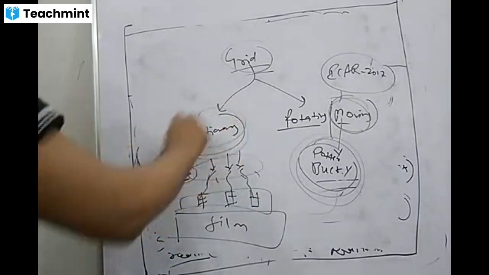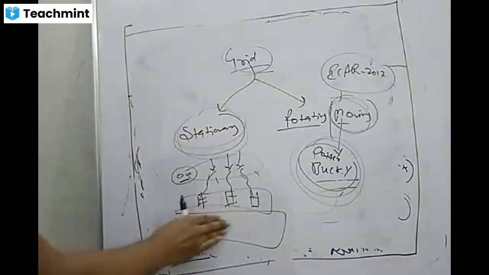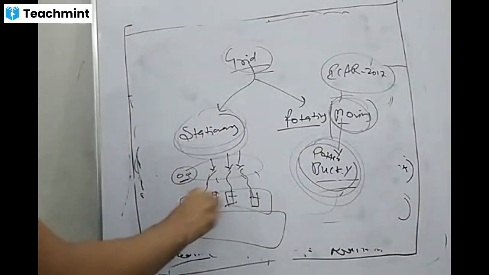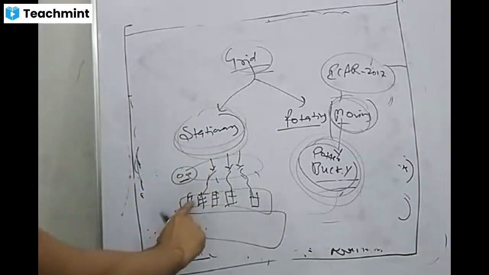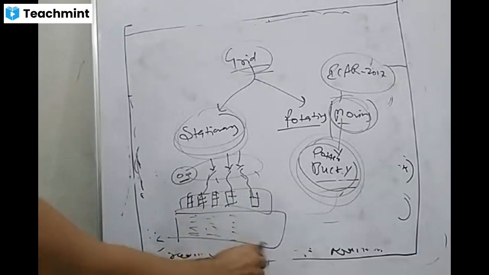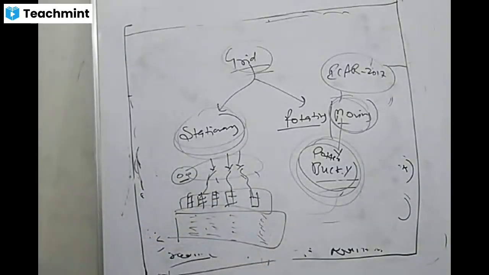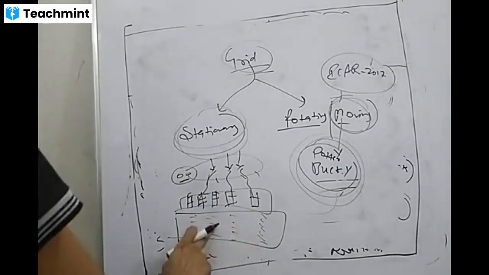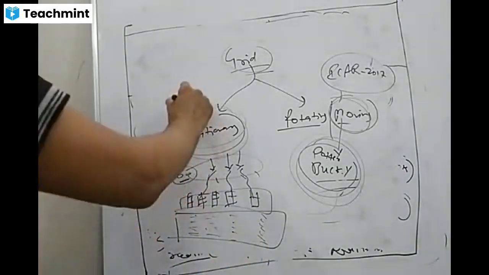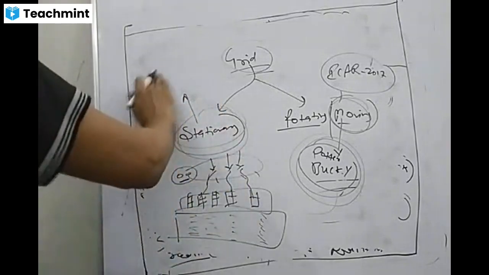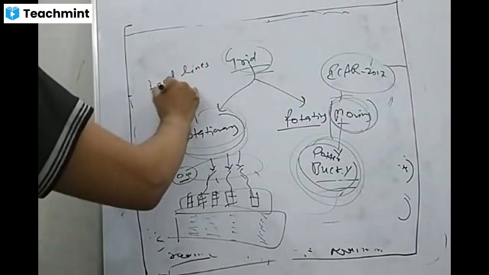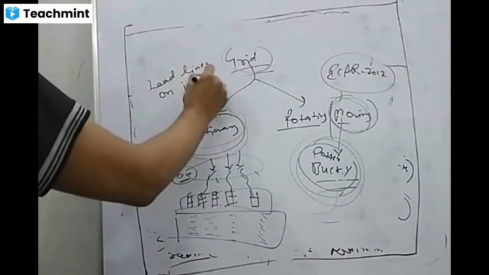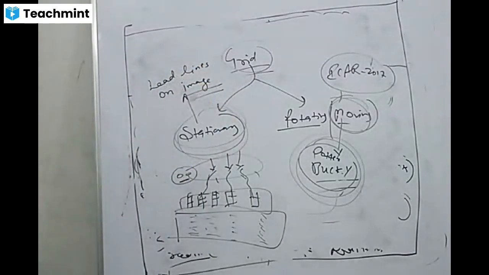If you use a stationary grid, we have these lead lines on the grid which absorb the scatter. These lead lines will be seen on the X-ray. This is the bad effect, something we do not want. So the problem with the stationary grid is that it will give you lead lines on your final processed image.